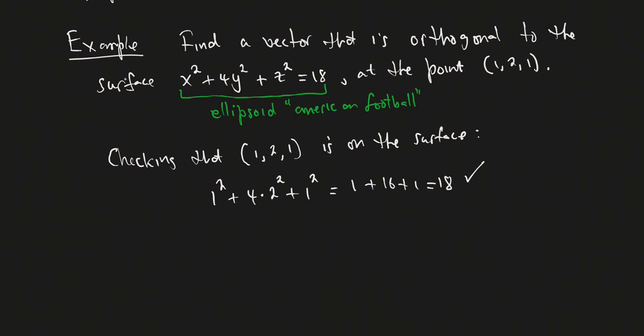So basically, I am going to define my big F. So the big F, we can just take it as everything that's on the left-hand side, and the constant in this case is 18. So we're going to define our big F of x, y, z as x squared plus 4y squared plus z squared.